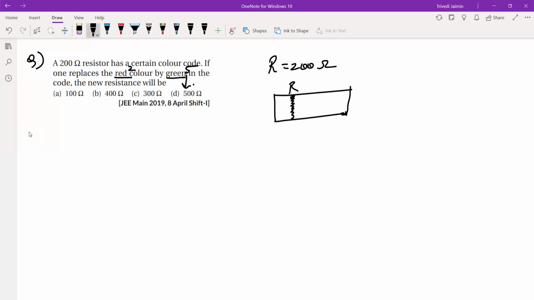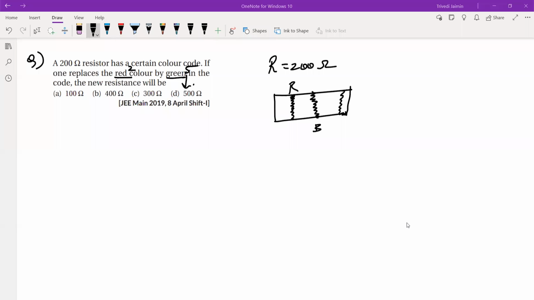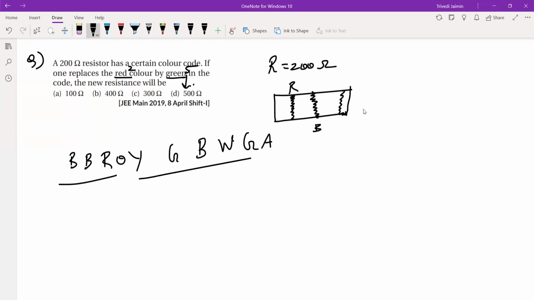This is red. So you remember this way: BB Roy goes to Bombay via Gateway.